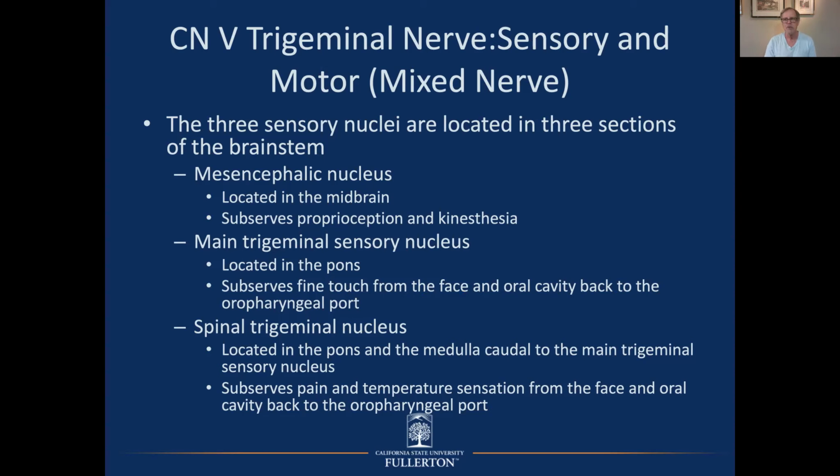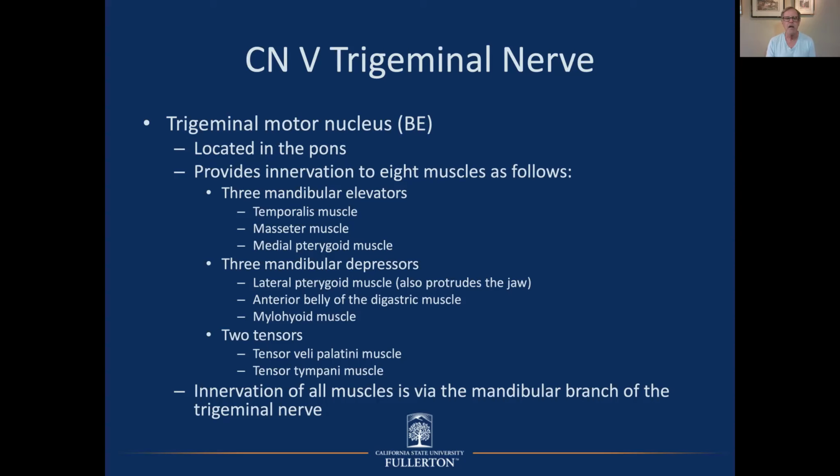The third category is one SLPs aren't too concerned with. Let me just get those out of the way. Jumping down to 2 tensors, that's how I remember it. There are 2 tensors, tensor veli palatini and the tensor tympani. The tensor tympani is in the middle ear. Audiologists can actually test it for responsiveness. SLPs cannot.